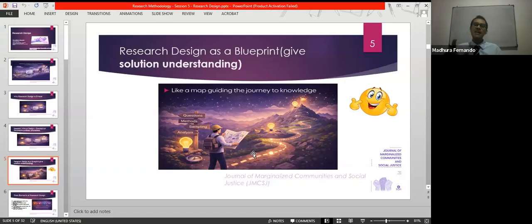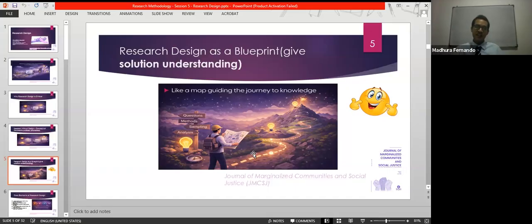So research design acts as a blueprint. What do you mean by a blueprint? Actually, a blueprint is a plan. The research design provides you with the logic, research logic. That logic travels from the first phase to the last phase of your research. Throughout your research, this research design carries the research logic.